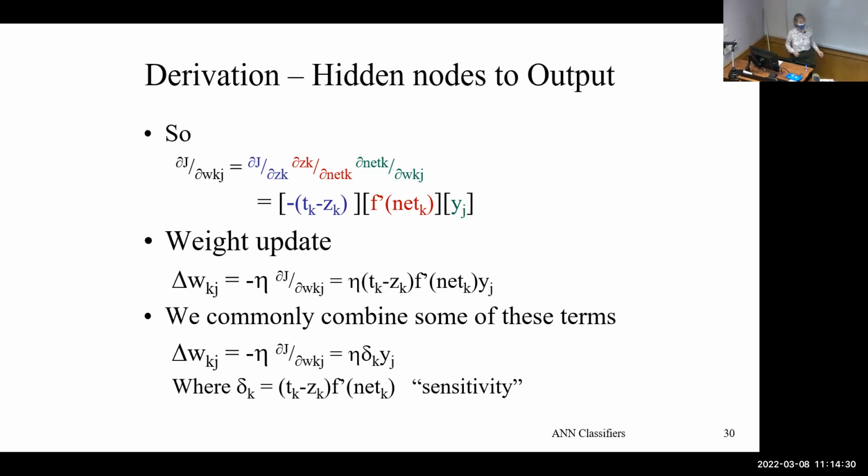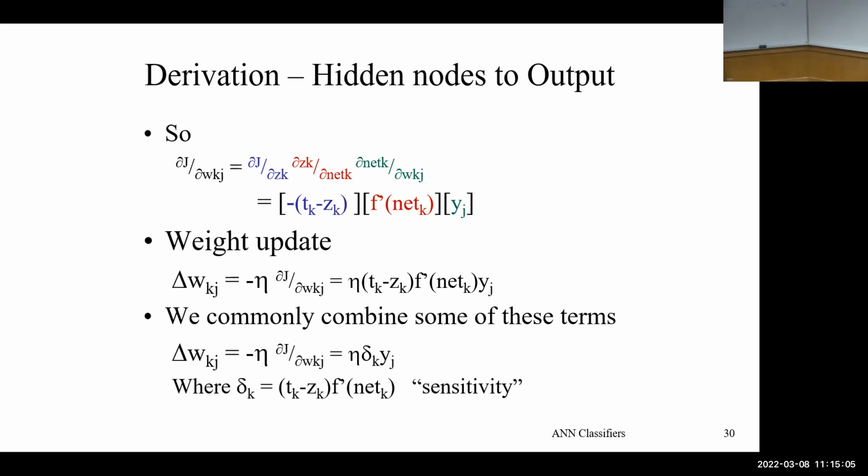How many delta Ks do you have? Sort of 100, but that's not really what I'm looking at. You've got 10 output nodes. So for everything you put in, you're always going to get 10 different delta Ks. K is going to run from 1 to 10. Your TKs run from 1 to 10, your ZKs run 1 to 10, your net Ks run 1 to 10.